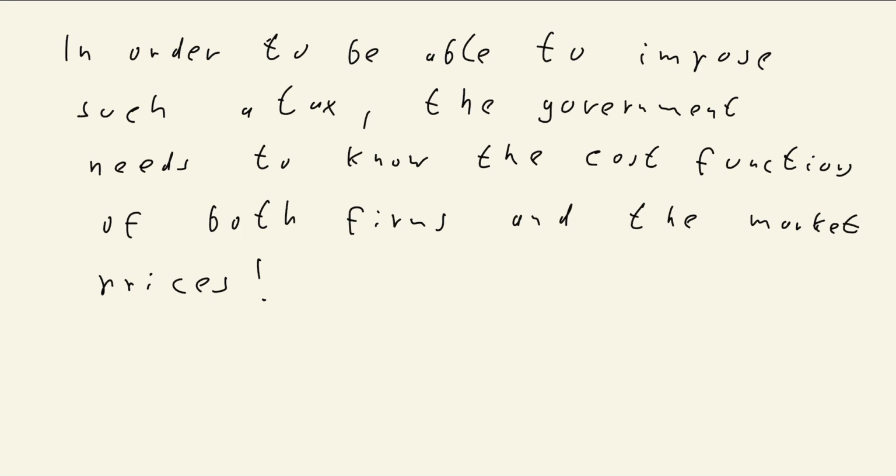And not only does it need to estimate the direct costs caused by production, but it also needs to find out the exact amount of negative externality caused by the steel producer in this example. This is a quite restrictive assumption. So if there is not full information about the cost functions, it's very unlikely that you can apply this Pigouvian tax to solve the issue with the negative externality. And this finishes sub exercise 4.